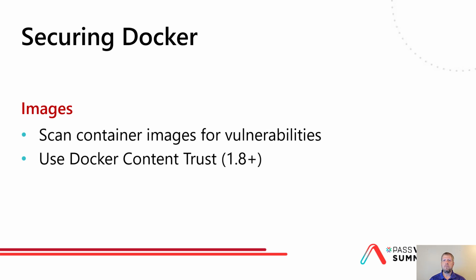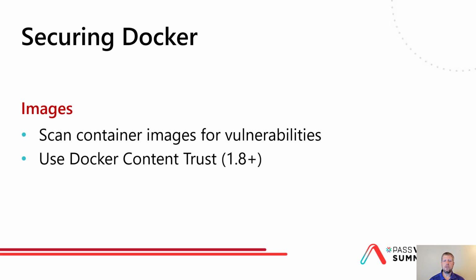Make sure that when you're spinning up container images that you're scanning them for vulnerabilities. This is extremely important because, as I mentioned before, there are a number of vulnerabilities out there that will end up in your containers if you're not paying attention. It's software. They slip in.